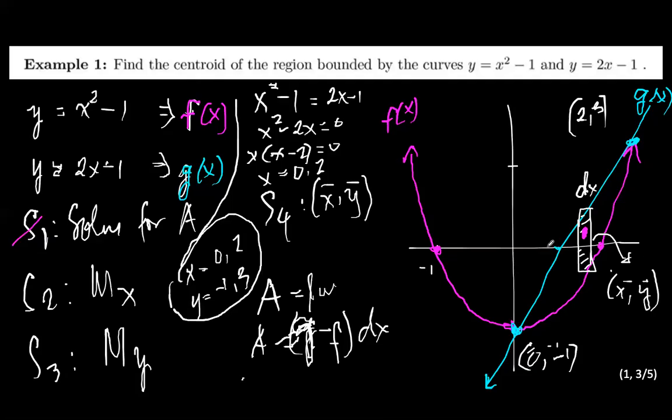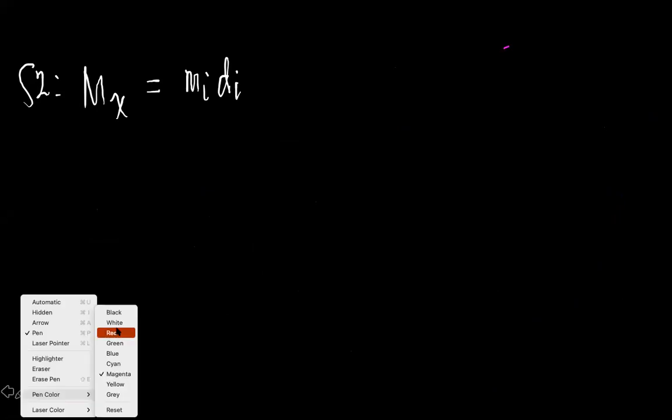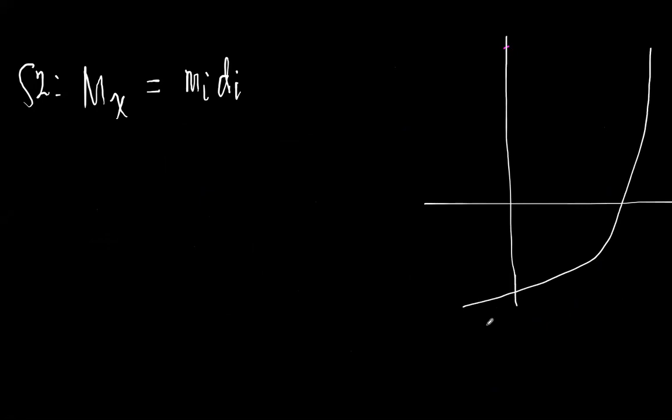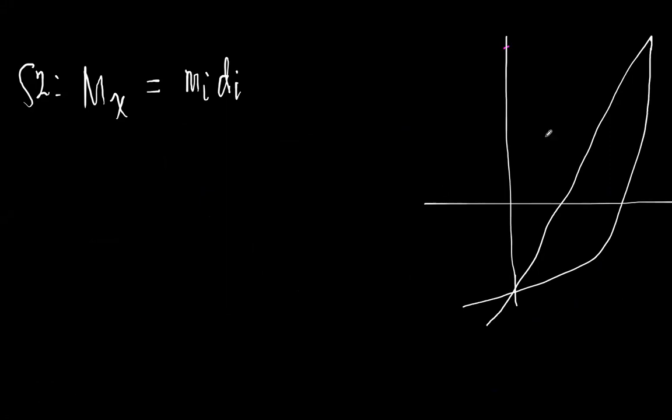Since the graph is so small, let's try sketching the graph in its place. Okay, here we go. Let's say that this is the graph. A bigger graph here.